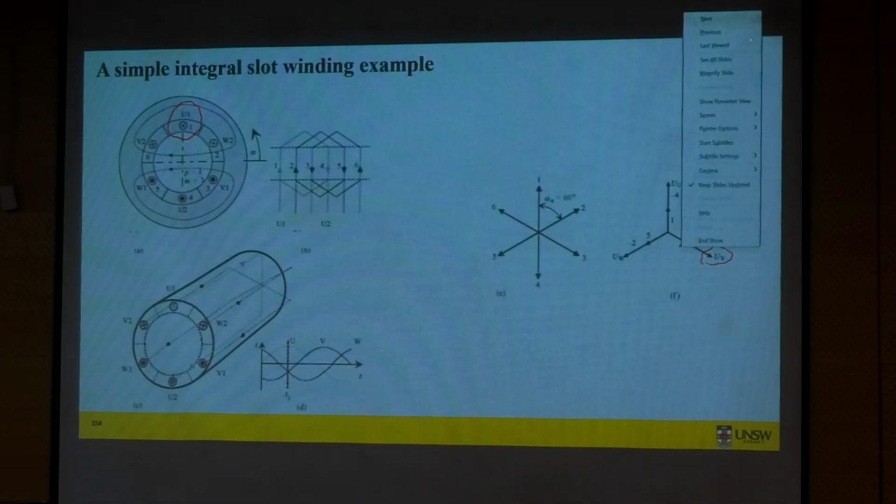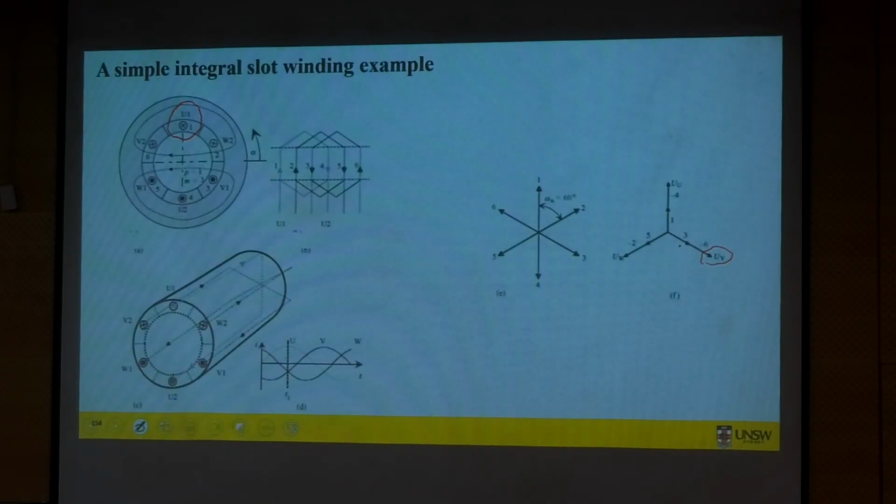The positive of phase C is in slot number 5, so that you have 120 degree phase lead. So this is how you determine where the positive of each phase will be. It's shown for a simple one, but you can do it also for complex ones.